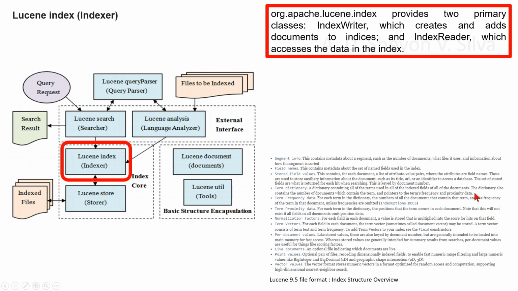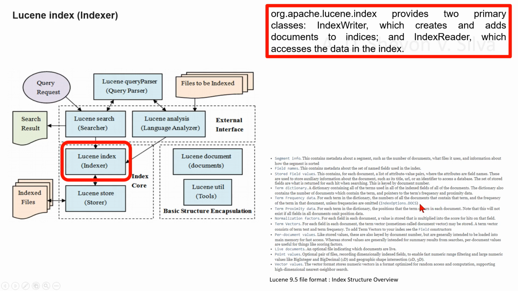The term dictionary: a dictionary containing all of the terms used in all indexed fields of all the documents. The dictionary also contains the number of documents which contain the term, and pointers to the term frequency and proximity data.